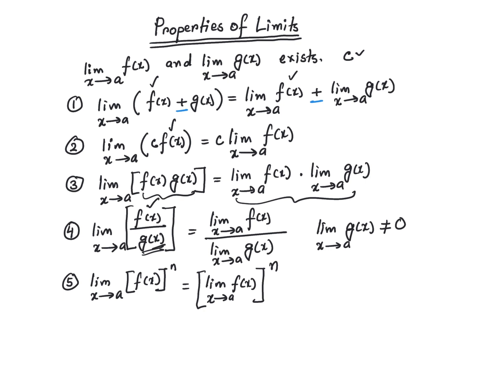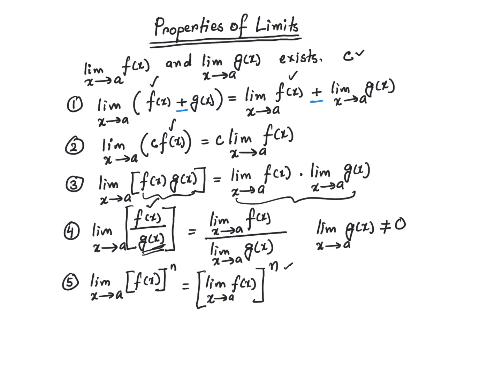So this is what it says. The limit of a function raised to the power n is the same as the limit of the function raised to the power n. That means you can bring the limit notation inside and it still would be the same. It won't make a difference.